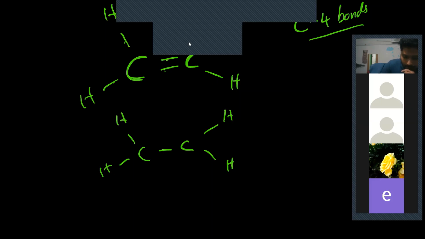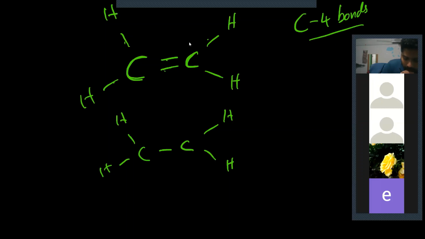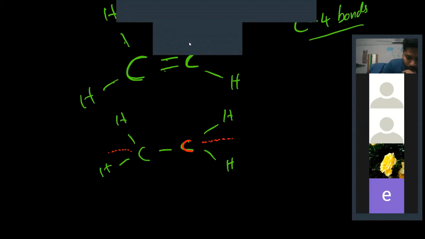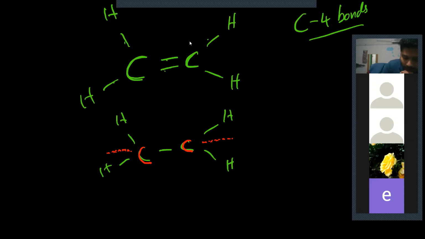So each carbon will have space to form 1 bond. The right side carbon will have space for 1 bond, and the left side carbon will have space for 1 bond, which means it will react with another molecule of the same alkene, the ethene molecule, whose double bond is being broken.